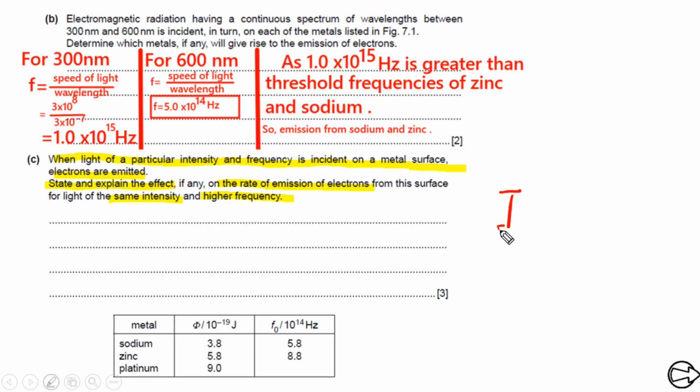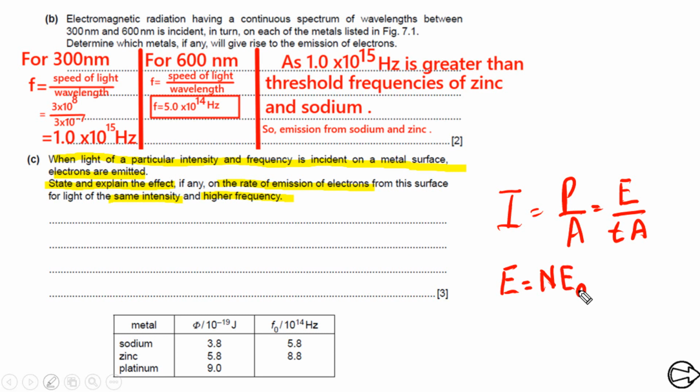First thing we understand, intensity is equal to P over A, or we can say this is equal to energy over time times area, and E is the total energy of all the photons. We can replace this E with the energy of a single photon.